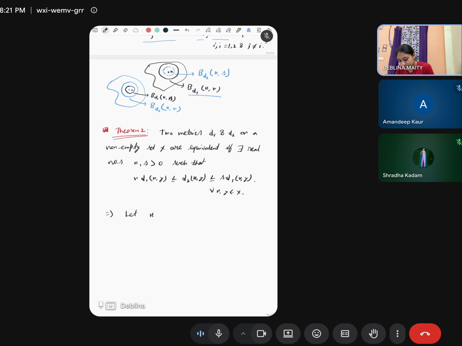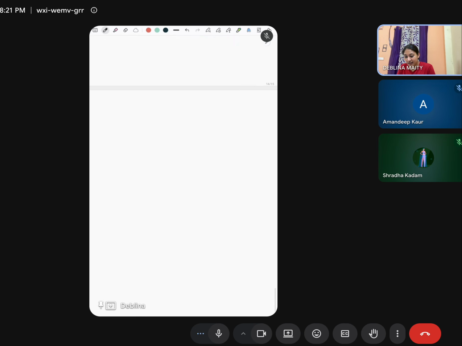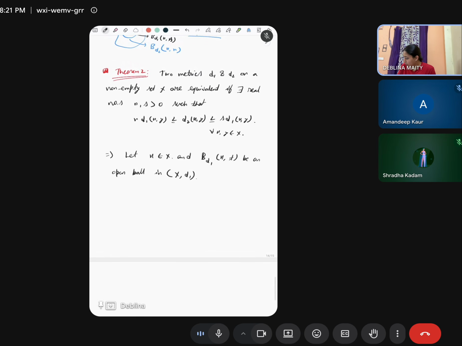So let x belong to X, and B_D1(x, t) be an open ball in (X, d1), right? So I have taken a ball with respect to d1. Now we have to find some ball B_D2(x, p) which is contained in this one.